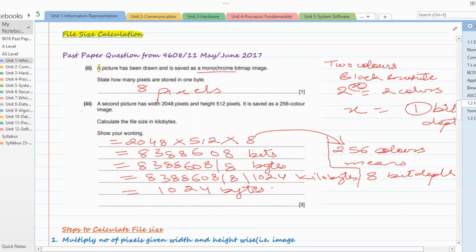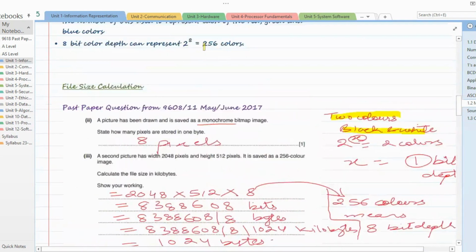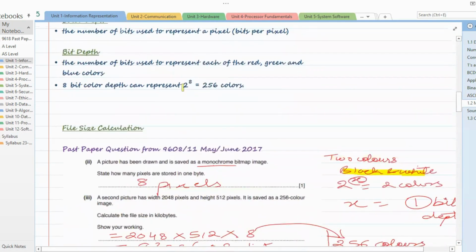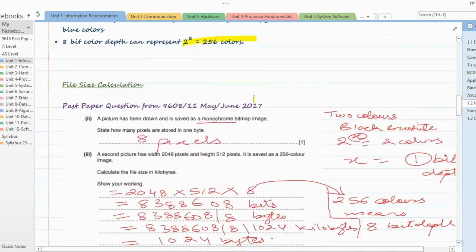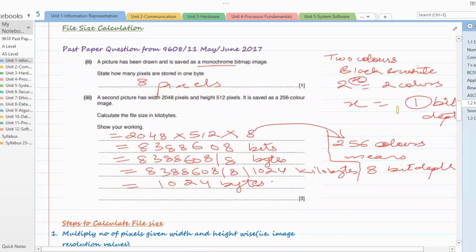They have given a picture that is drawn and saved as a monochrome bitmap image. When it is a monochrome image, that means only two colors are there, black and white, right? We have just seen that formula up there. If there are two colors, you can calculate the bit depth, the color depth, using that.